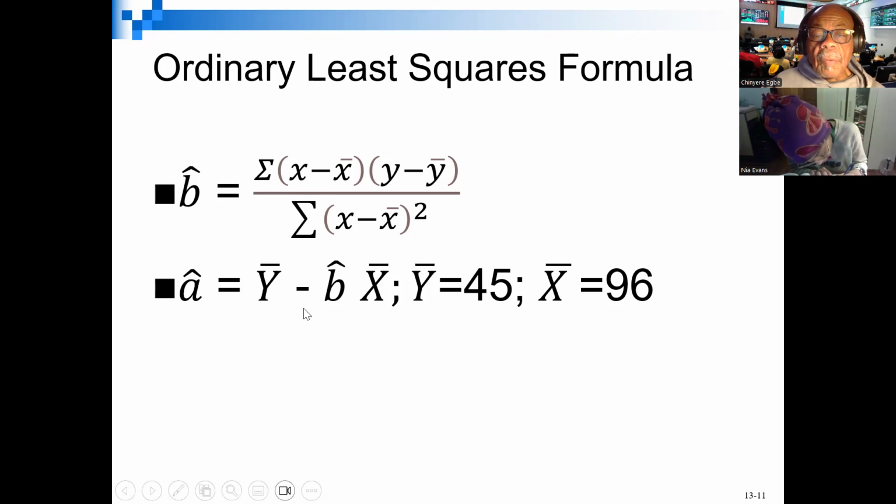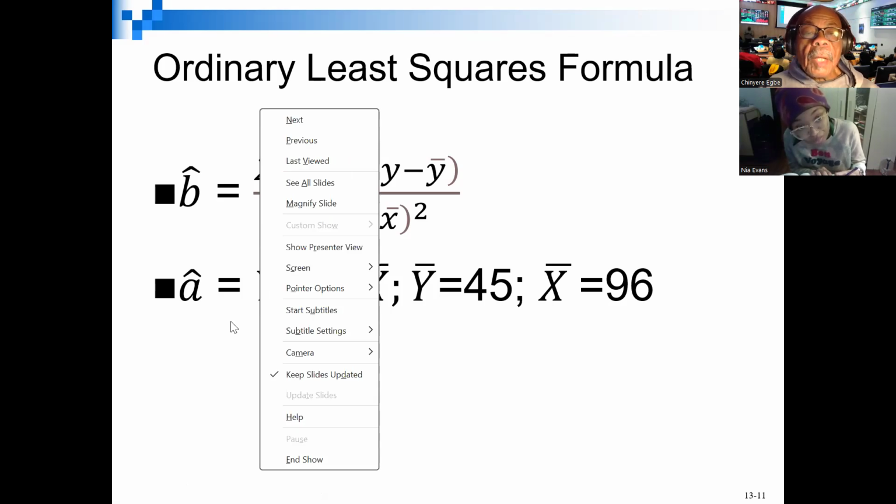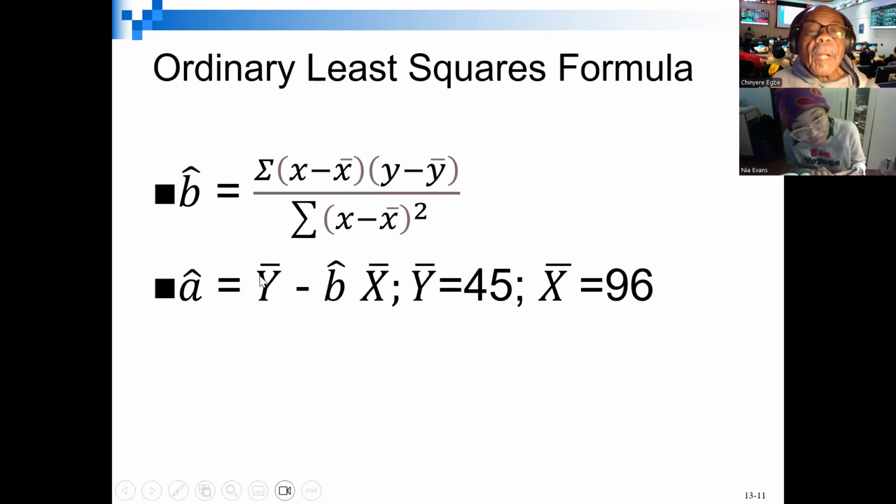So somebody who makes no calls might still sell a copier. Now, to do that, you use the formula here, which is the summation of x minus x bar times y minus y bar, divided by the summation of x minus x bar squared.